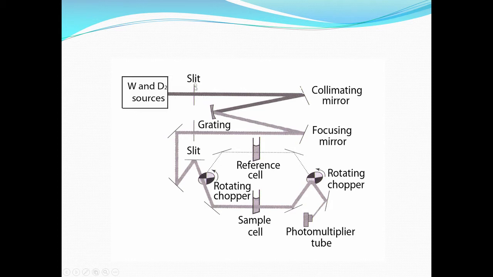The output is passed through a slit, a collimating mirror, a grating, a focusing mirror, and then a slit, then a rotating chopper. This divides the incoming radiation into two, one for reference, one for sample, and a chopper again, and then to the photomultiplier tube, and then to readout. This is basically a schematic diagram with which you should be quite familiar.